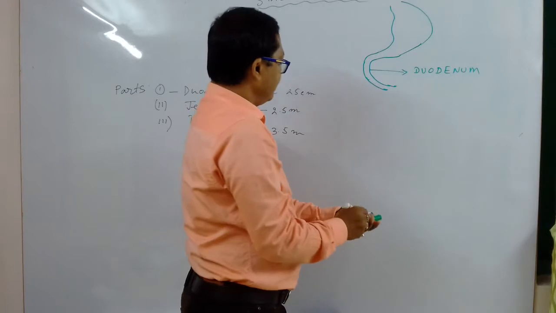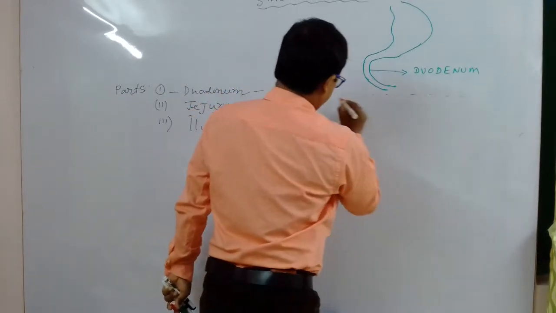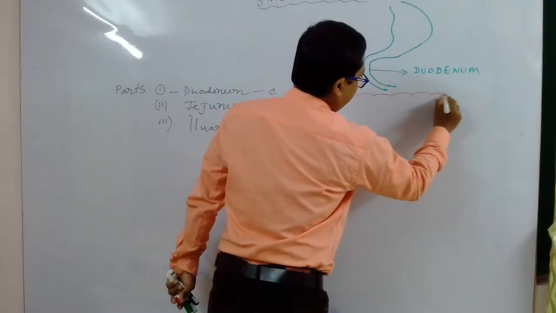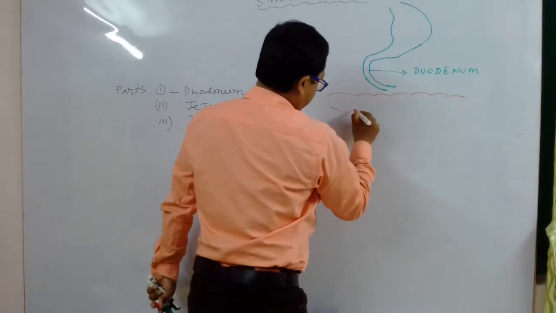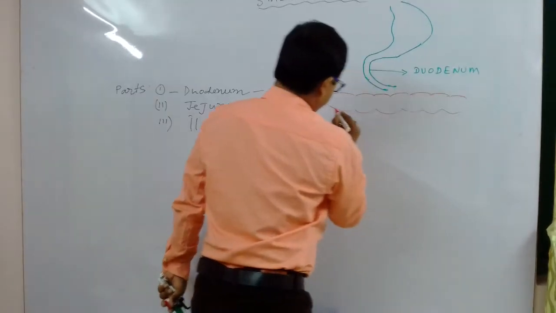Let's draw the large intestine. The large intestine is thicker and its length is 1.5 meter.